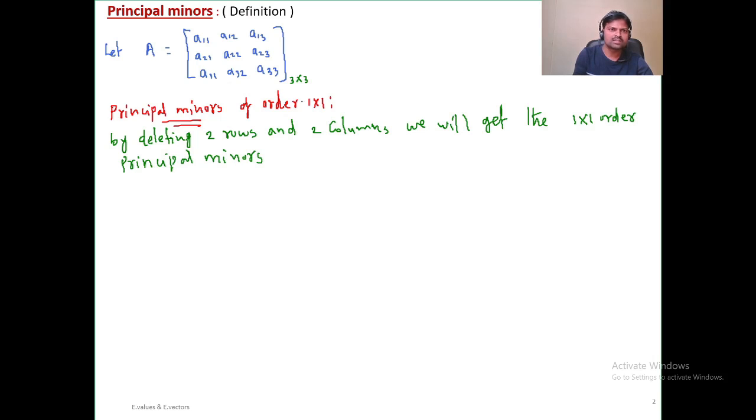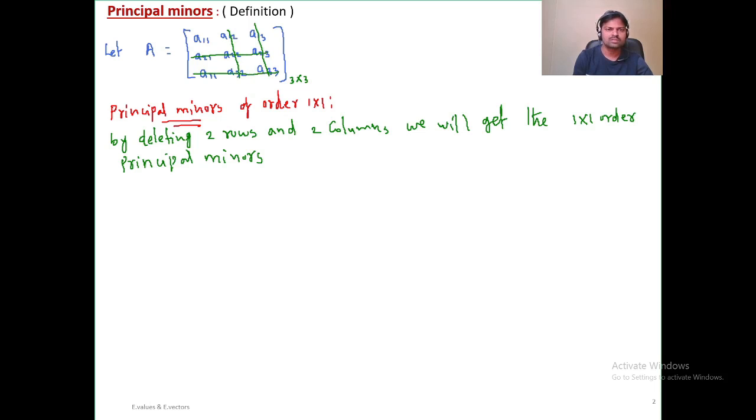In the last class, what I said is that for 1 by 1 I take A11, A12, A13, A21, A22, A23, A31, A32, A33, all these entries. But it is not correct. You have to delete any 2 rows and 2 columns. For example, I am deleting the second column, third column, and simultaneously the second row, third row.